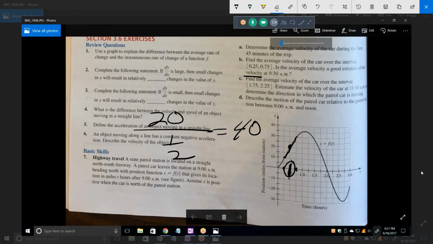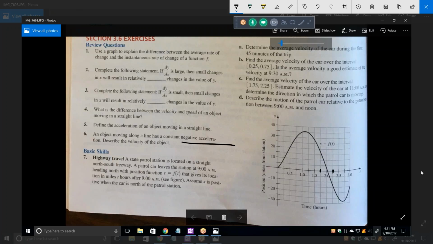Okay? Now let's keep going. Find the average velocity of the car over the interval 175 to 225. Okay, so the denominator again is what? We're trying to find the average velocity here.